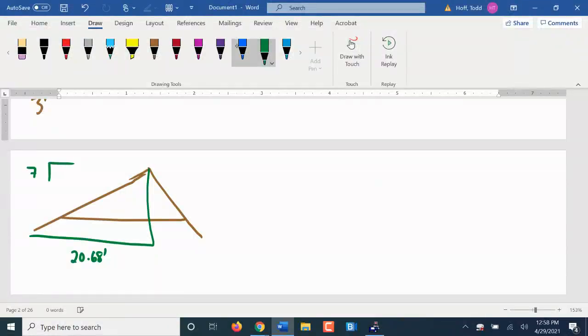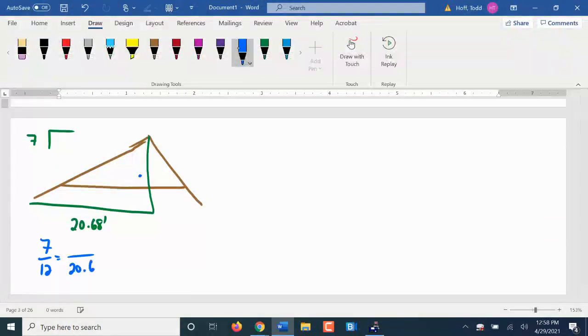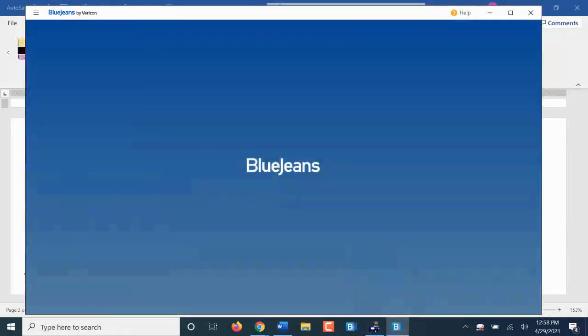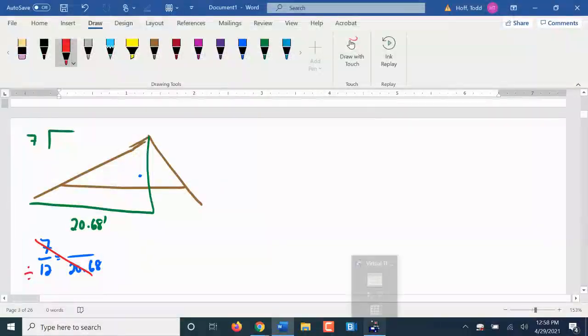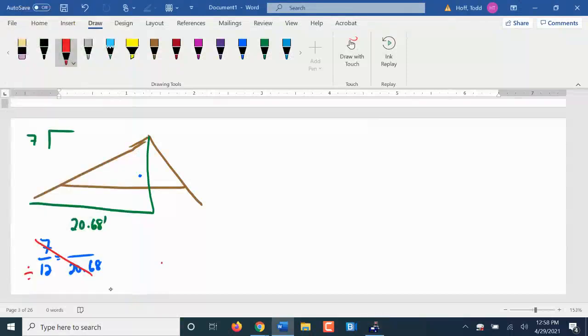So I can find the rise here using 7 over 12 equals that rise over 20.68. So I'll cross multiply and divide. 7 times 20.68 divided by 12 gives us 12.06 feet. 12.063 feet.